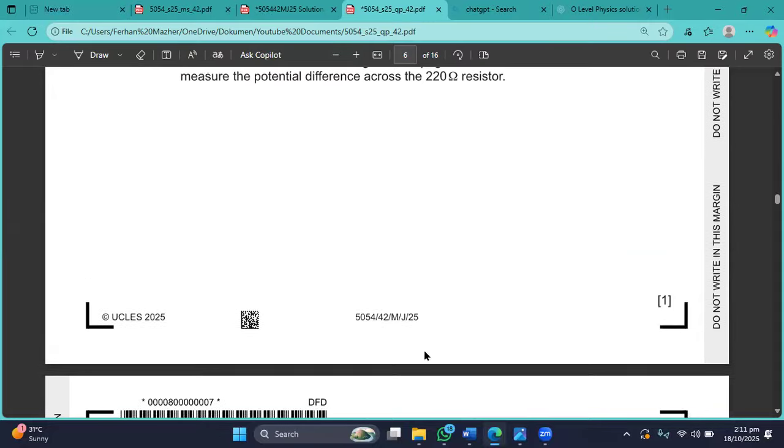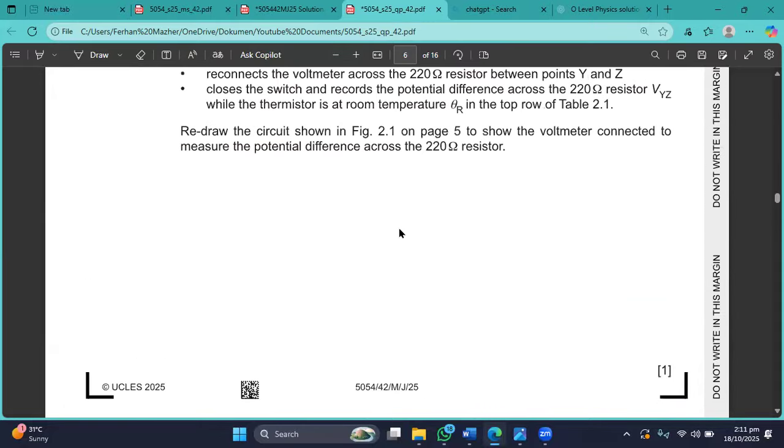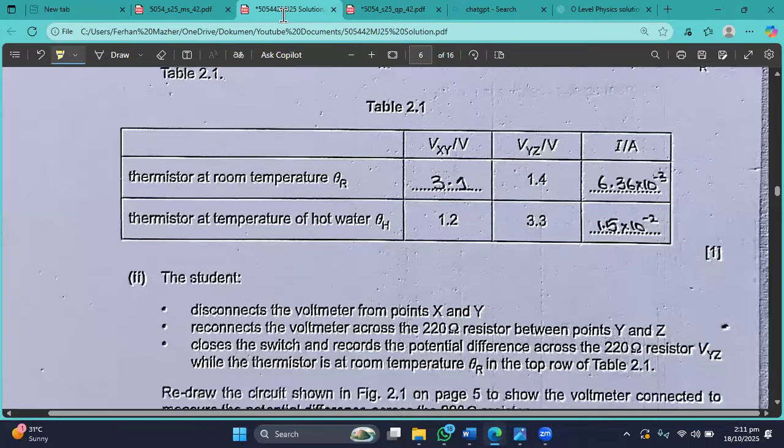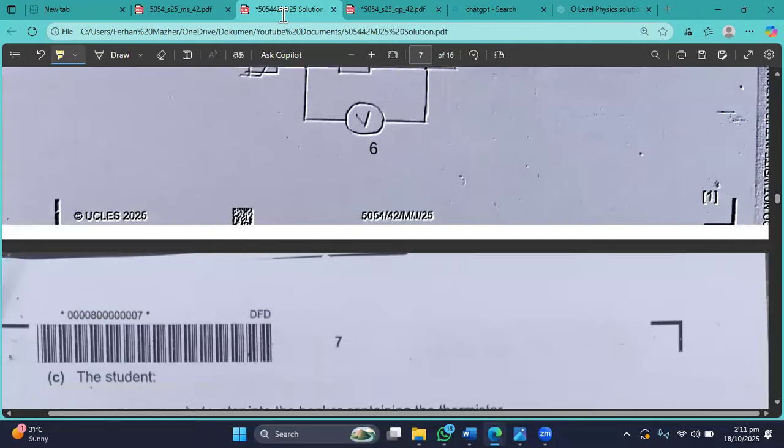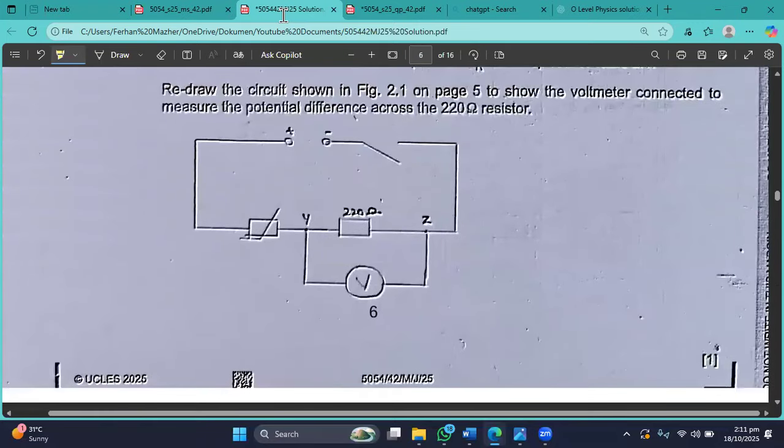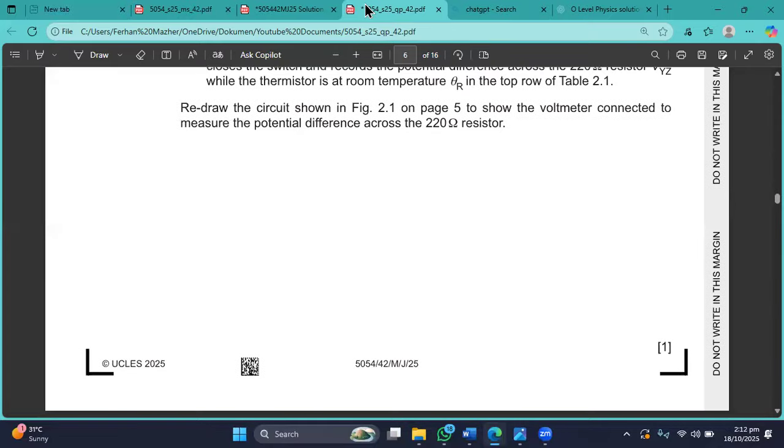So then they asked us to draw the new circuit diagram in which the voltmeter has been connected parallel across the 220 ohm resistor. So you can see he removed it from here and he put it here across the 220 ohm resistor. So it's a 1-mark question. So I hope you understand this.